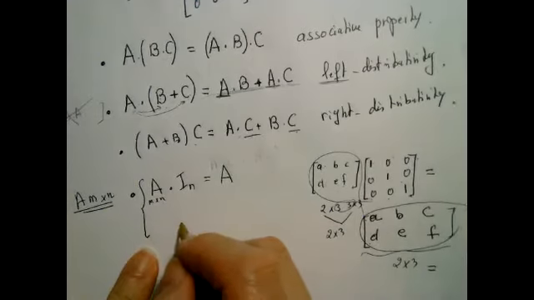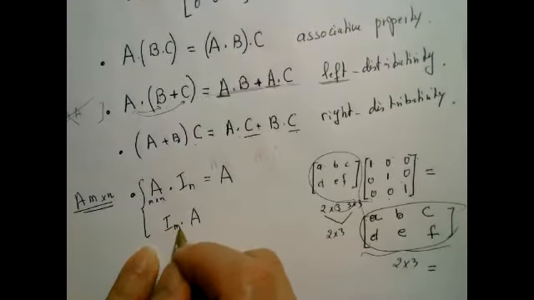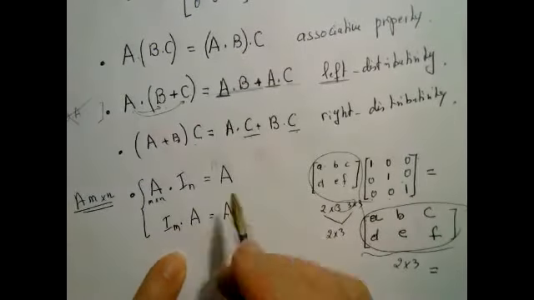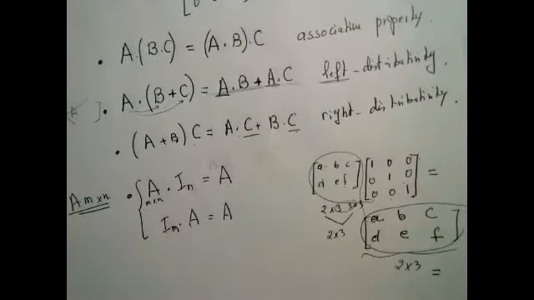Now I can do the same from the other side. You can check that, but here it has to be I_M times A, which will give me A. So when I multiply even by the identity, I have to make sure that my product is actually a well-defined multiplication.